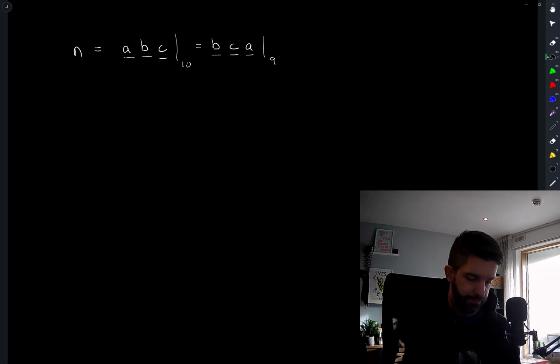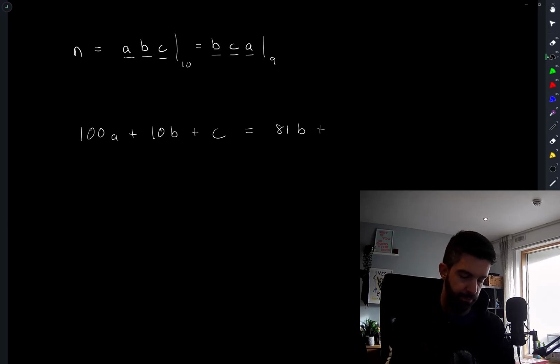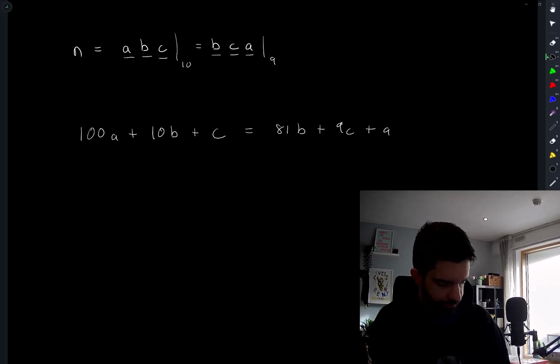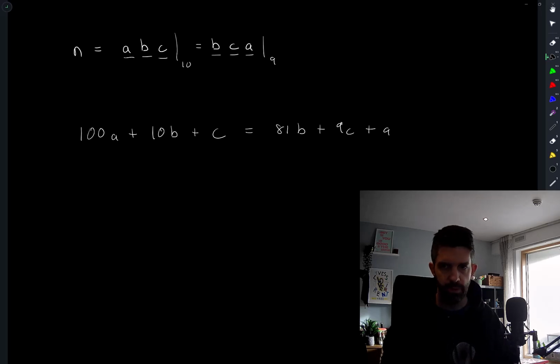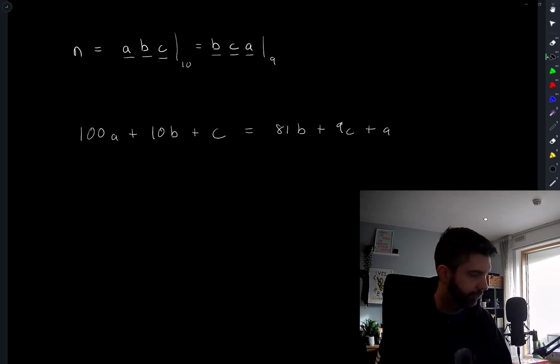Okay, now what does this mean? This means that 100A plus 10B plus C is equal to 81B plus 9C plus A. And we're looking for this number. They're not necessarily distinct digits.